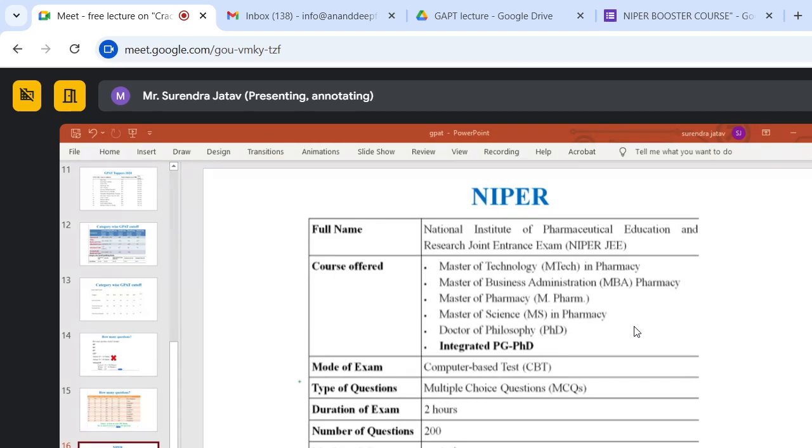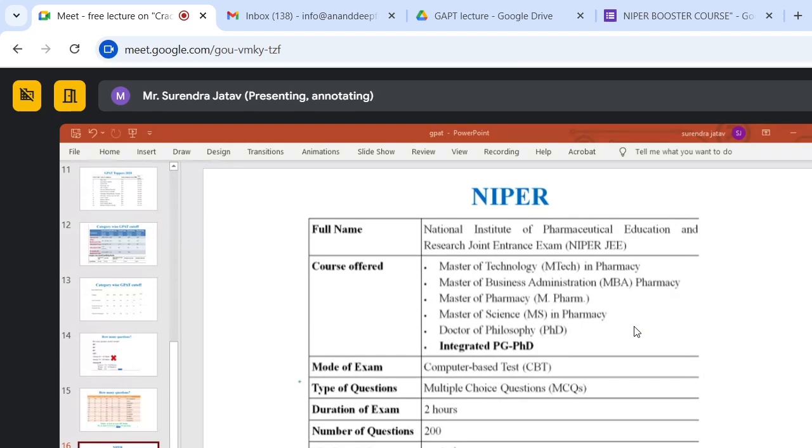But in NIPER generally, compared to GPAT, the questions come very easy. So in the NIPER exam you need speed, and in the GPAT exam you need accuracy. Accuracy means if you attempt a wrong question, you may not be able to qualify. In NIPER, you need speed because most questions are very similar or very easy, and you may not be able to complete 160 or 180 questions in 2 hours.